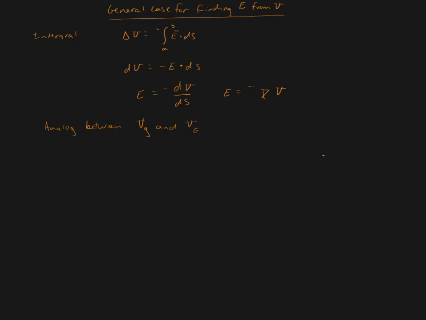And let's just take the case where we have a positive charge, and I place the positive charge right here. In terms of a topographic map, the positive charge would be analogous to having a mountain or a hill. And this is going to be sea level right here.